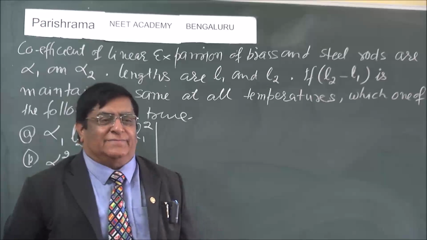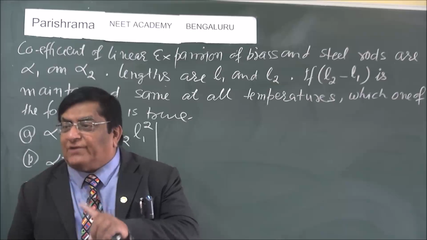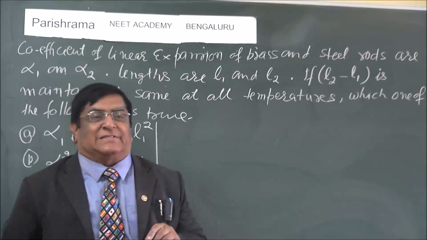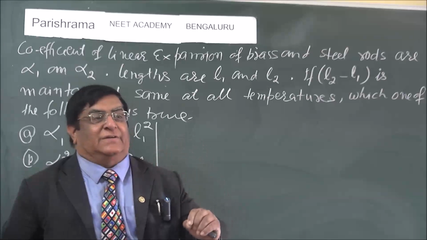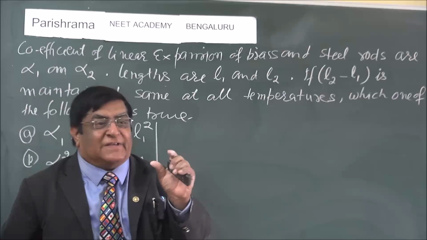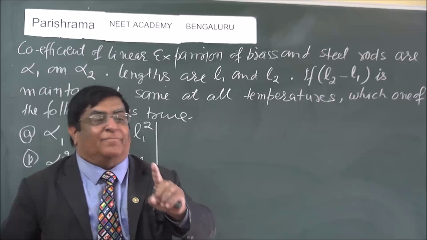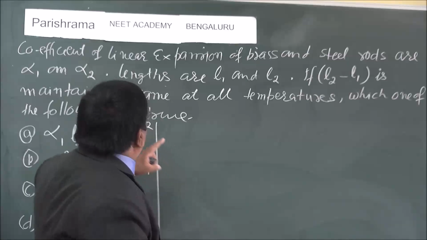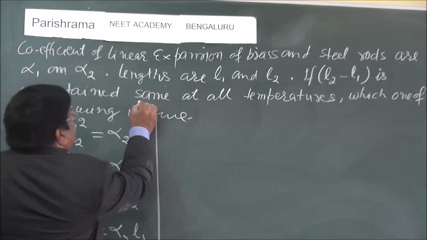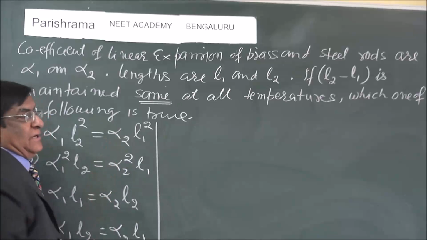That is the equation. Understand how to think for the problem? It is very necessary that you search for the equation. What is given there? The difference of the length remains the same, and this which remains same gives you the equation.